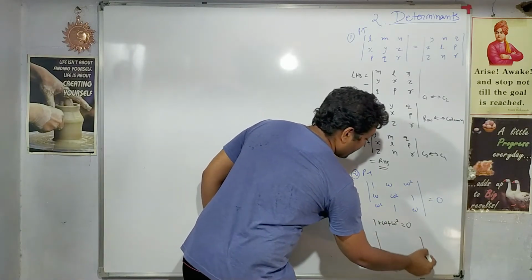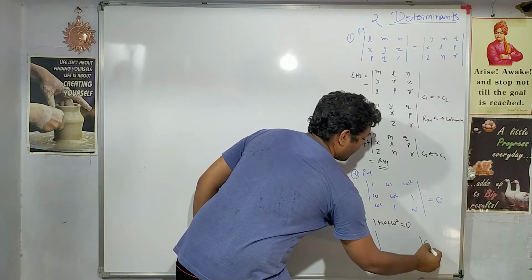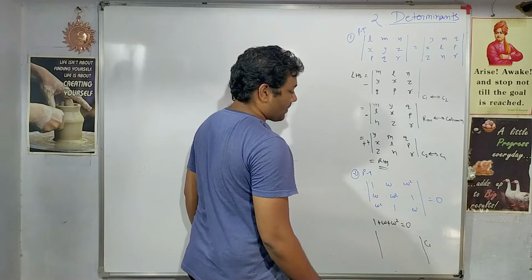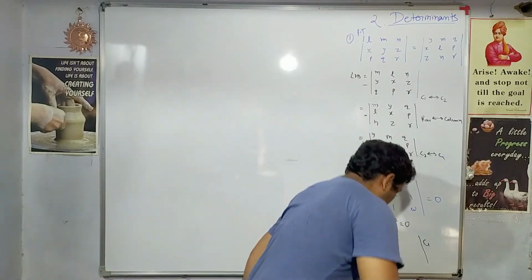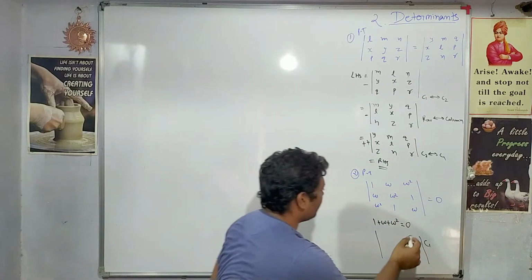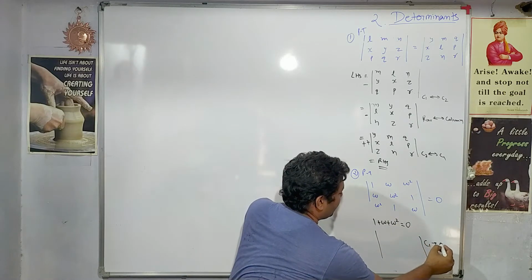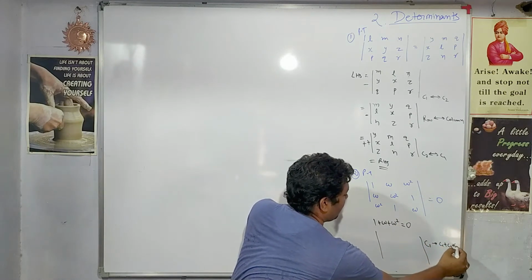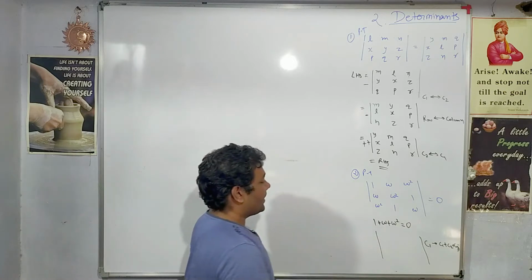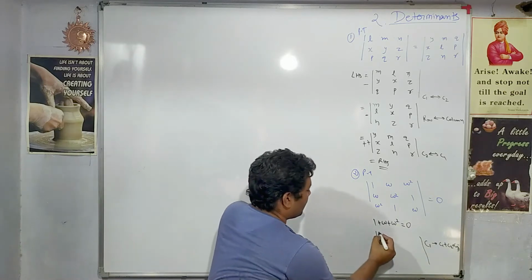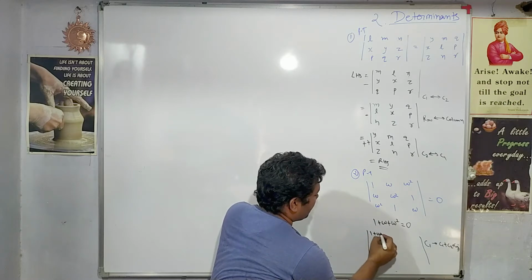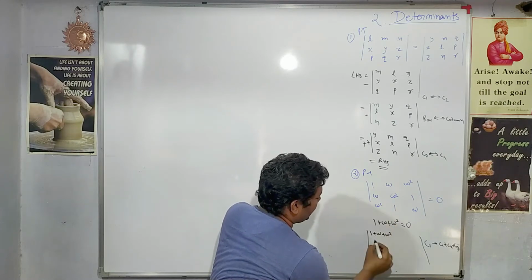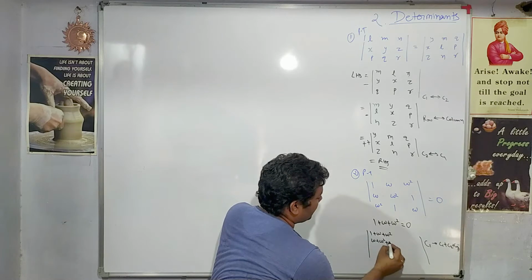So what operation will I do? I will carry out the operation on the first column. The operation will be column 1 plus column 2 plus column 3. All the three columns are added in the first one. So the first column will become 1 plus omega plus omega square. Here it will become omega square plus 1 plus omega.